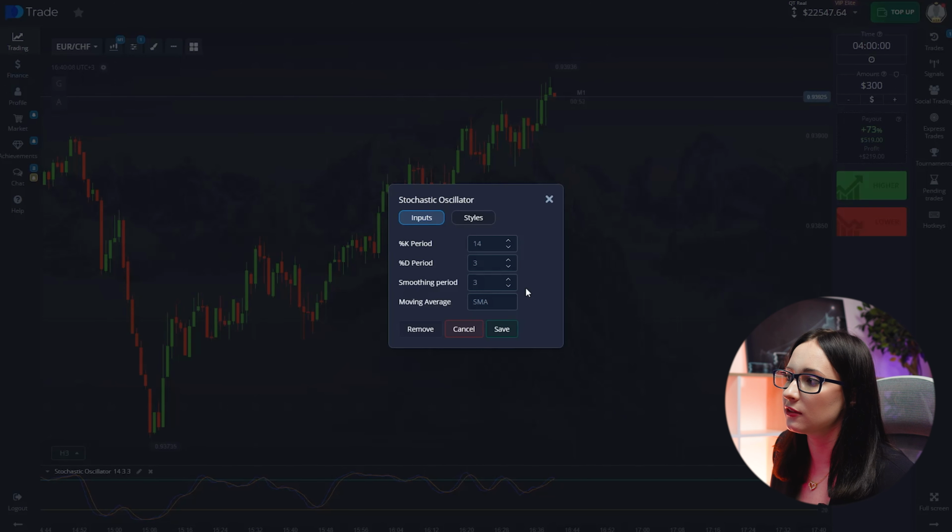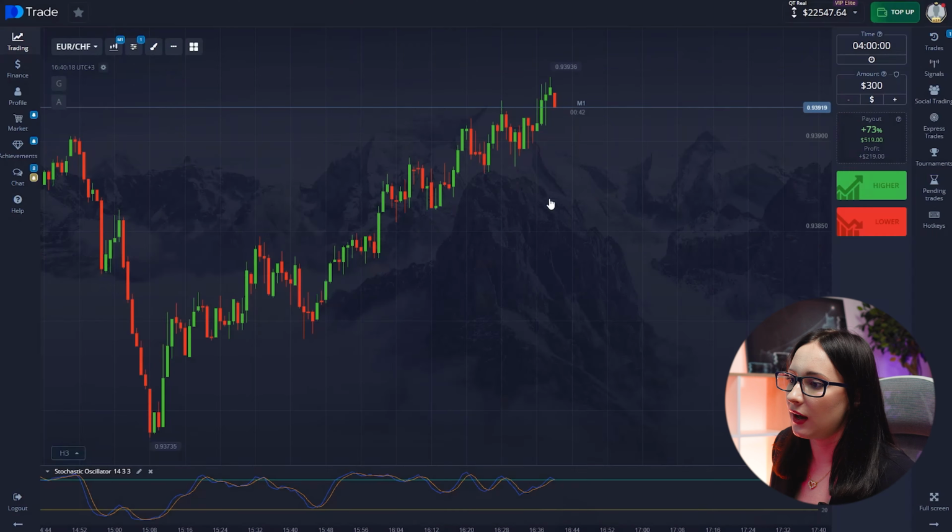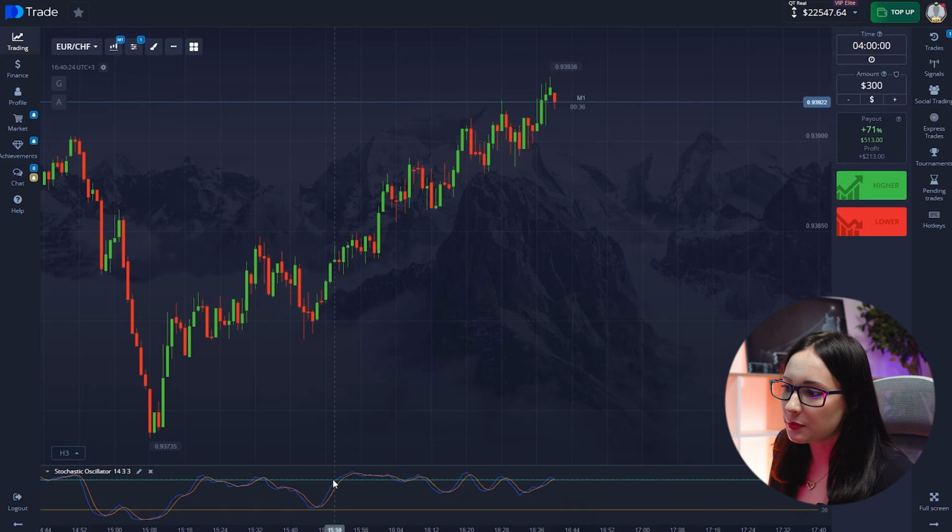They are good, they are convenient for us. So we go to styles. It's just for you to understand. So the %K line is blue and the %D line is orange. The stochastic oscillator consists of two lines: the blue one, the %K line, and the orange line, the %D line.